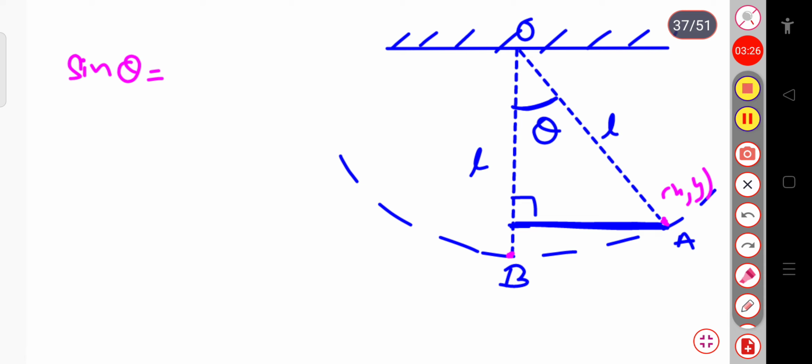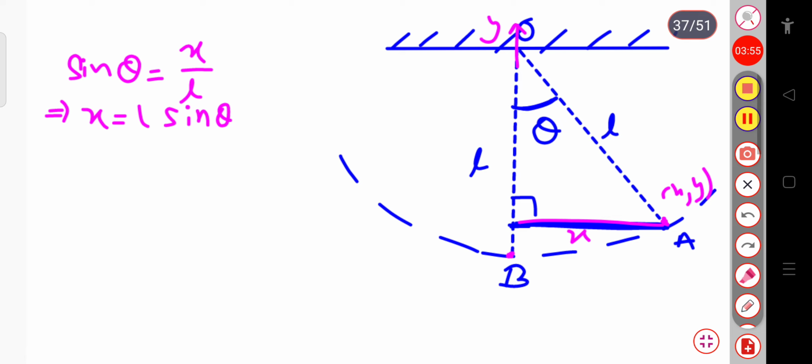The value of sin theta equals P by H. P is this side, divided by H, this one. This displacement is the x axis, and this one is the y axis. So you can write this will be x divided by L, or x equal to L sin theta.